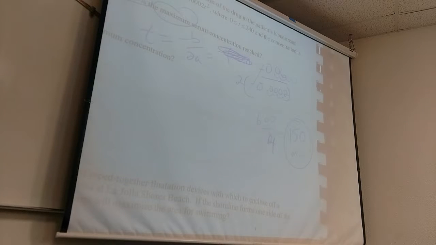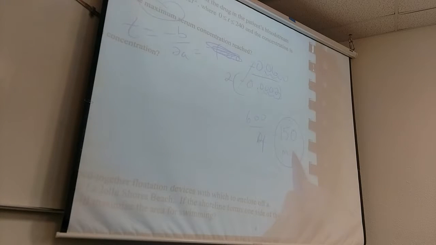What's T measured in? Minutes, right there. T is minutes. So this is 150 minutes. How many hours is that? 2.5 hours. I love it. Because 2 hours is 120 minutes, and that's 30 more extra minutes. So it's 2.5 hours.